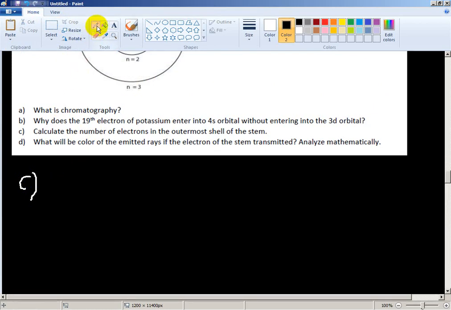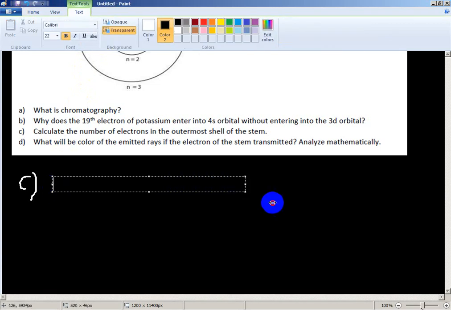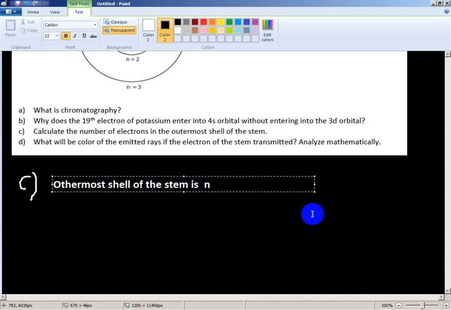That means the outermost shell of the stem is n equal to 3.